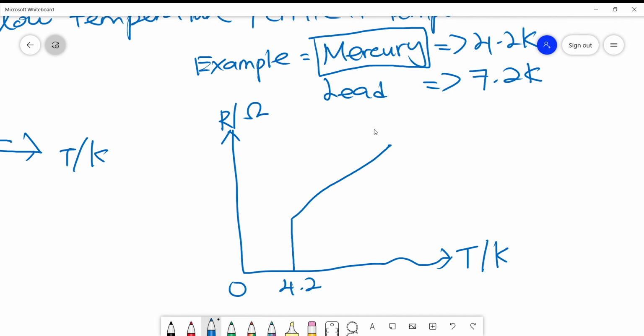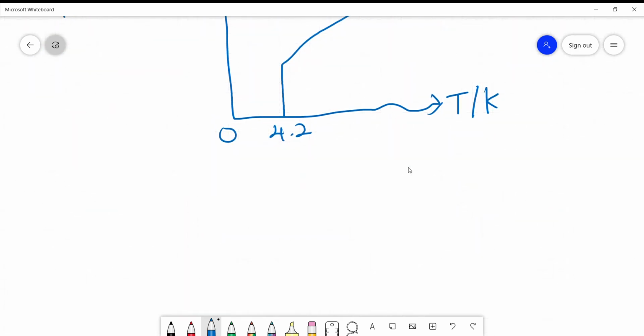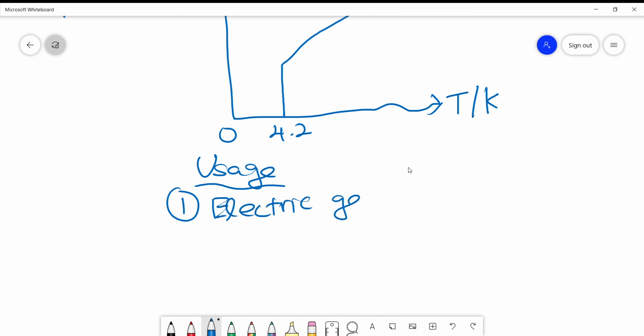Let's talk about some usages for the superconductor. So what is the usage? The usage for the superconductor is the electric generator. Some electric generators require zero resistance to work efficiently.